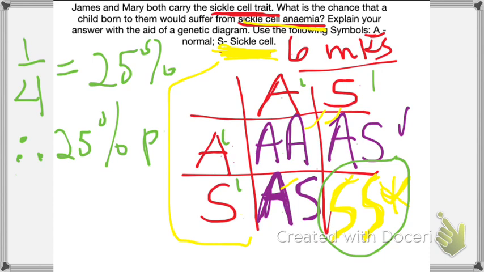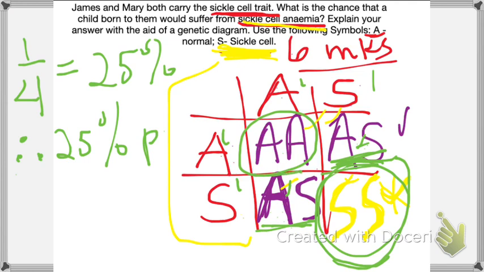Good. And when you cross them, we get 1 homozygous recessive. We have 2 heterozygous. Can you see those 2 heterozygous? Look, they're there. 2 different sets of alleles, and that would be the heterozygous. And then we have 1 homozygous dominant here.